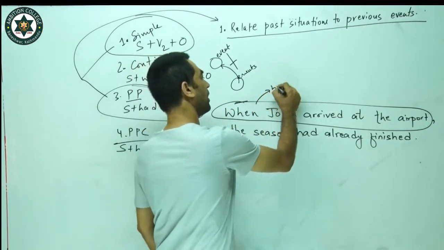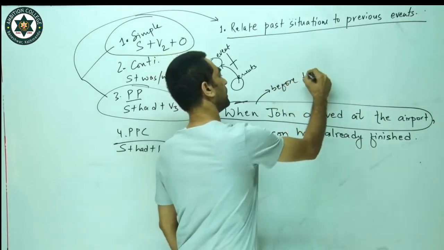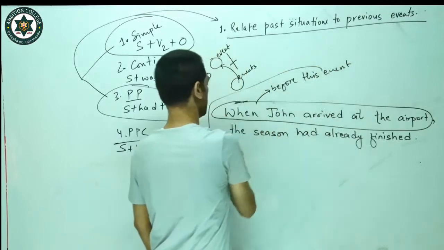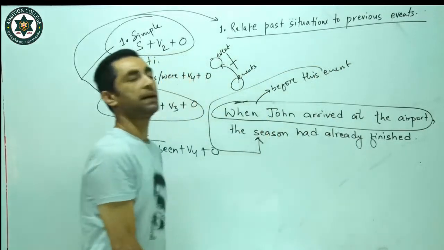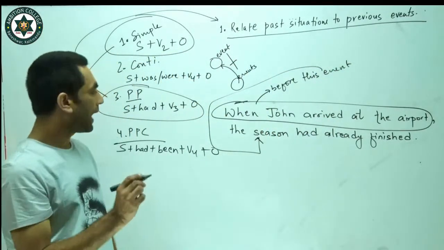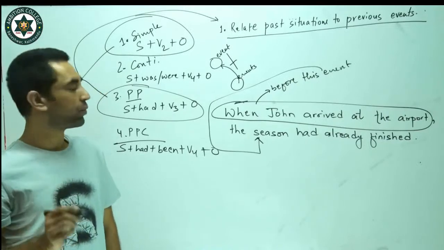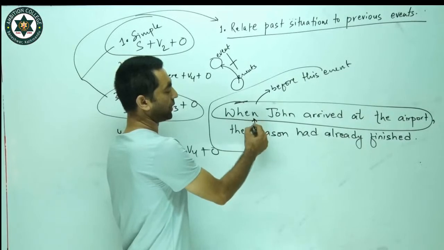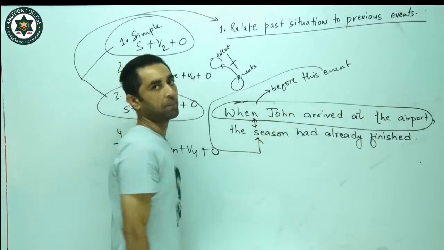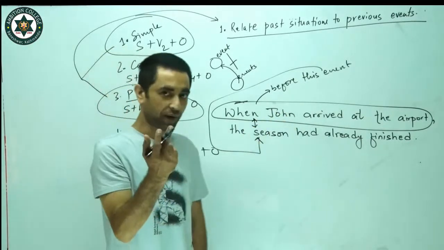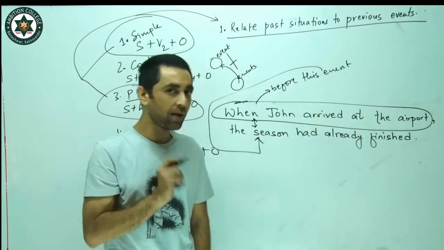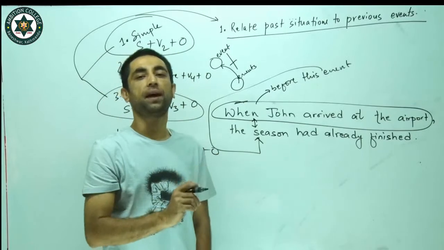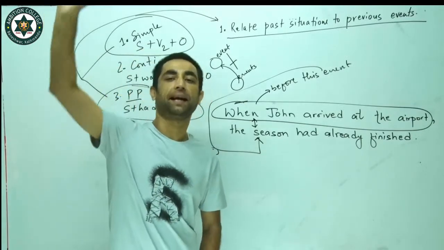And before this event, this had already happened. Now here what we are doing is relating two different events of the past. John arrived, and before John arrived there, the season ended.